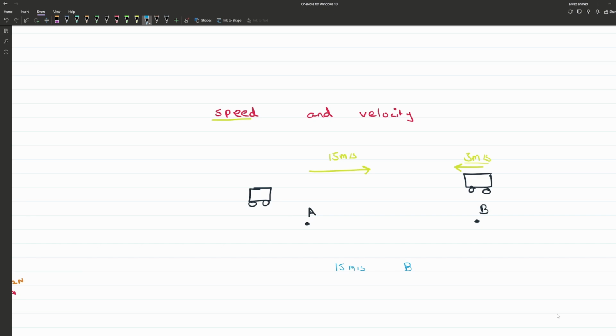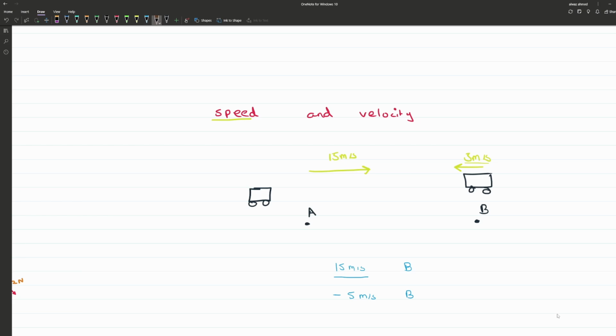So it's going in the complete opposite direction and has a speed of 5 meters per second. So we can say that it's going at a velocity of minus 5 meters per second towards B.